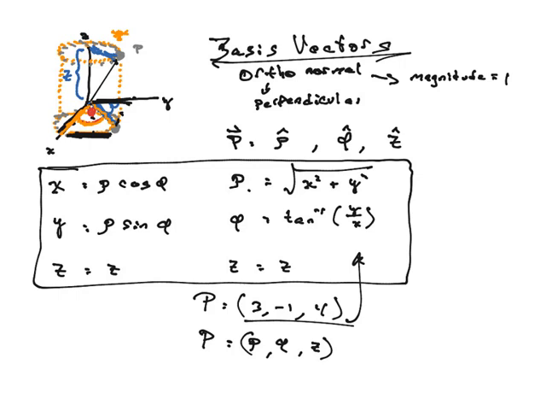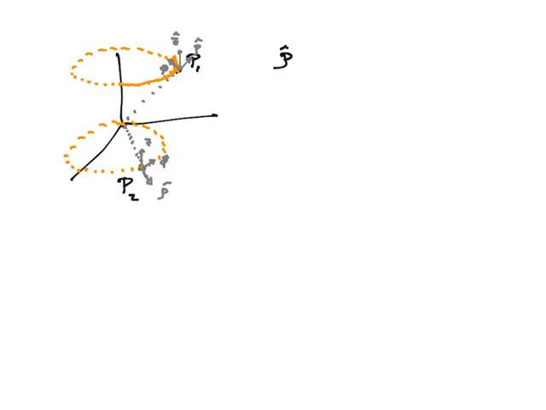Well, we already know what rho is in terms of everything. It has its x component and its y component. Notice rho depends on x's and y's. So the rho hat direction is going to be, because we're trying to do unit vectors, it's got a magnitude of 1, and it's going to be cosine phi as the x component of rho, and sine phi as the y component of rho. So this is kind of interesting.